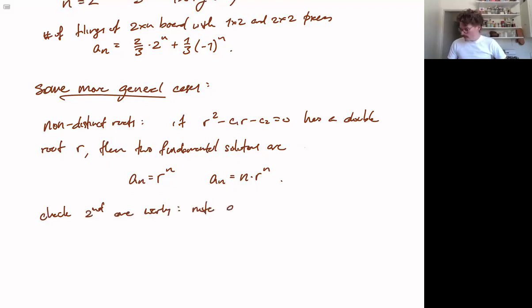And let's note a double root means that we basically know what these coefficients are. It must be that c1 is equal to 2r, because c1 is the sum of the roots, and c2 is negative r squared, since c2 is the product of the roots, and the negative is because we've written it with a negative here.